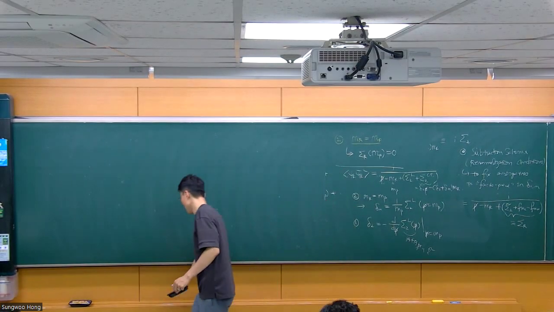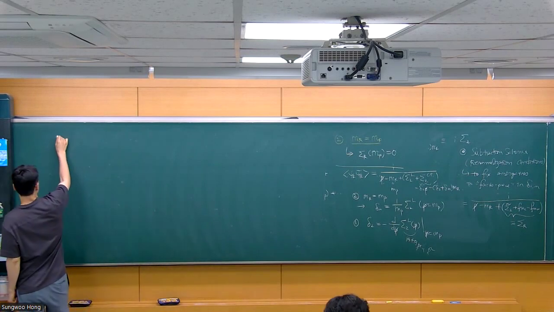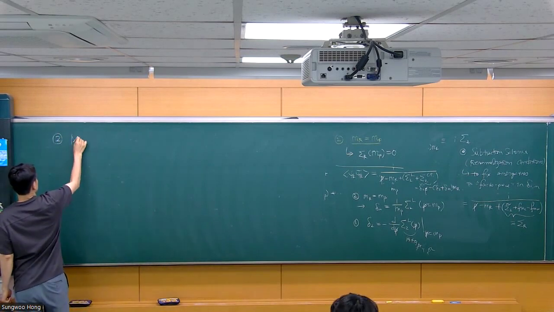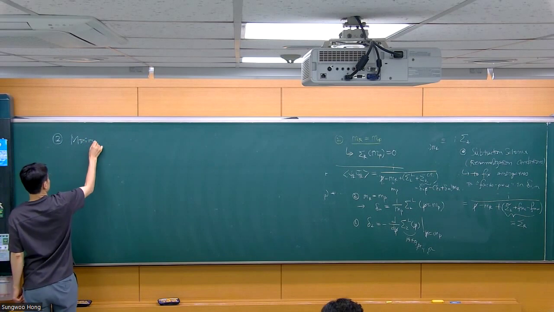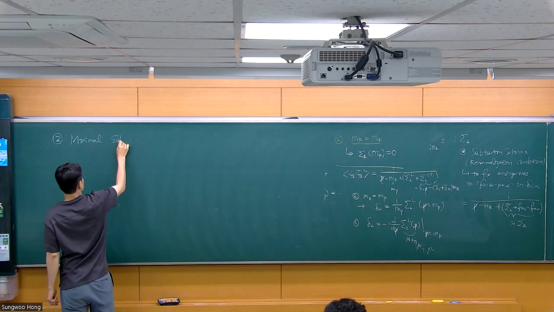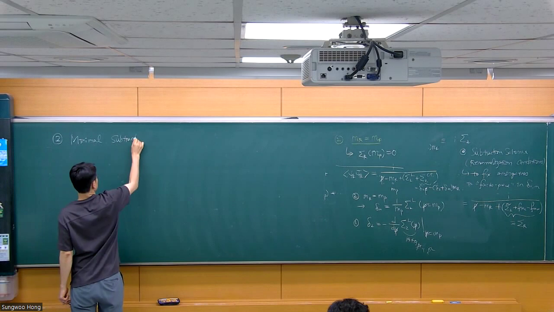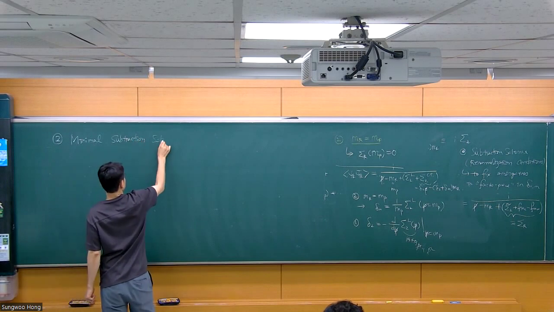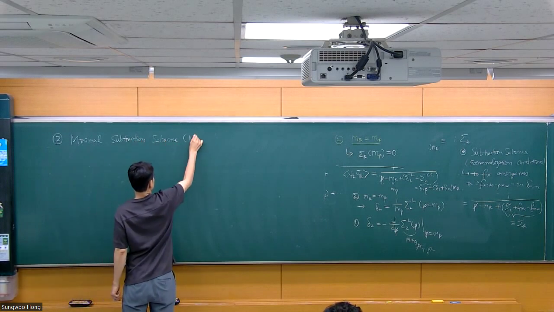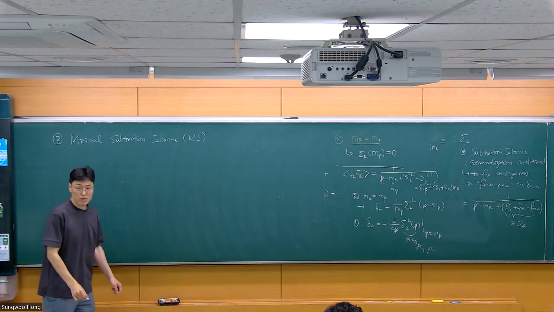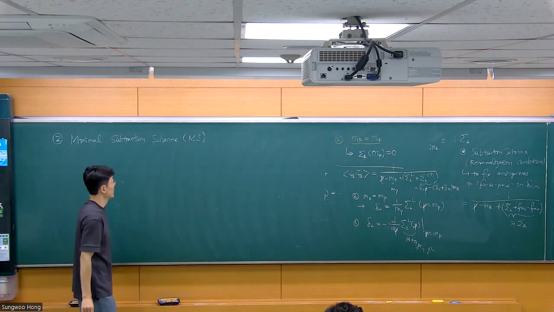Okay, the second subtraction scheme is called minimal subtraction. It's often written as MS to say minimal subtraction.